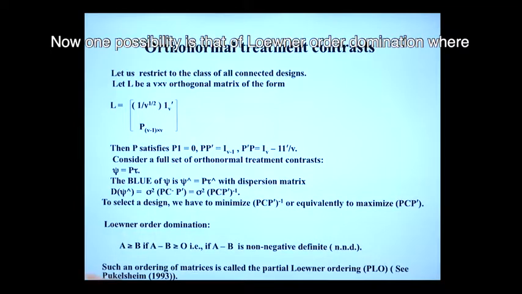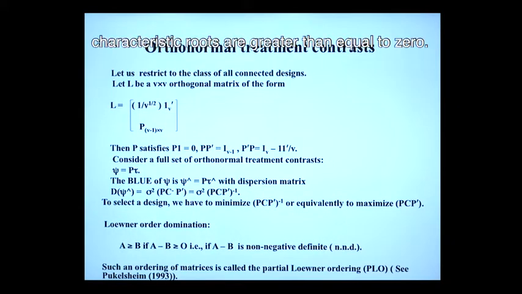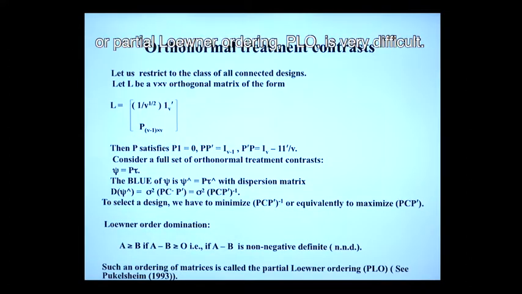One possibility is that of Loewner order domination, where A is greater than or equal to B means that A minus B is non-negative definite. Non-negative definite means that all the characteristic roots are greater than or equal to 0, non-negative. Similarly, the other way.